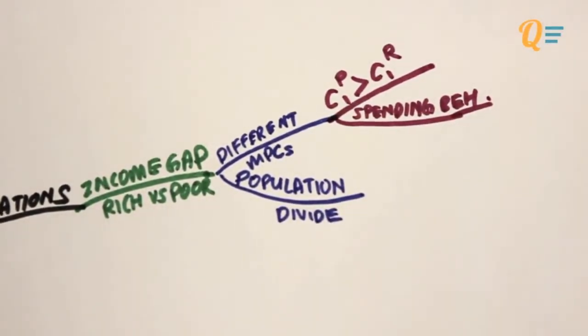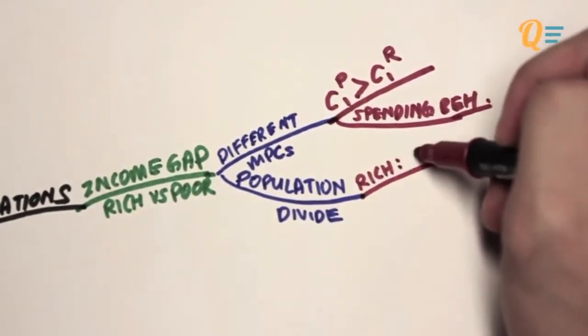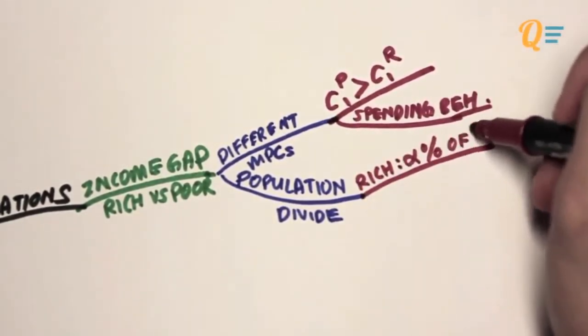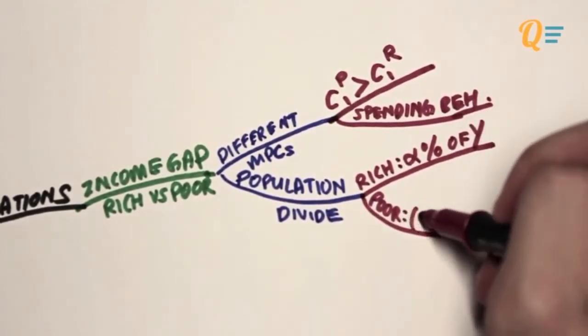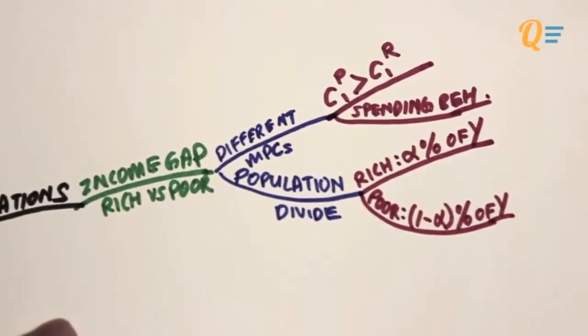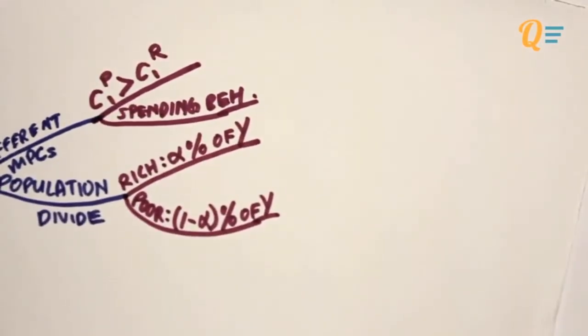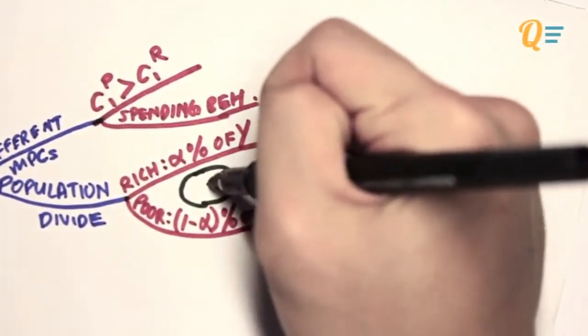And there will be a population divide because the rich is going to earn a proportion of the income. Let's assume that the rich earns alpha percent of Y. And the poor is going to earn the rest of that income, which is 1 minus alpha percent of Y. So if I draw a simple pie chart to represent total income, I can actually segment the rich from the poor.